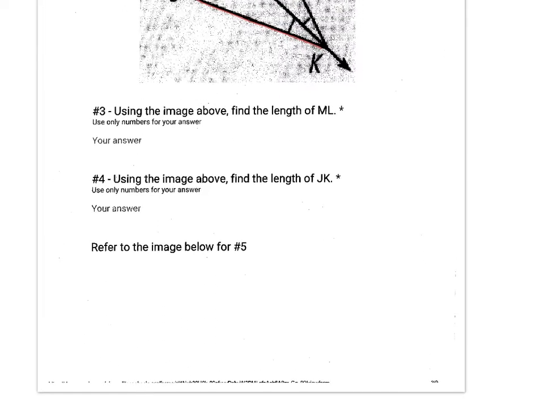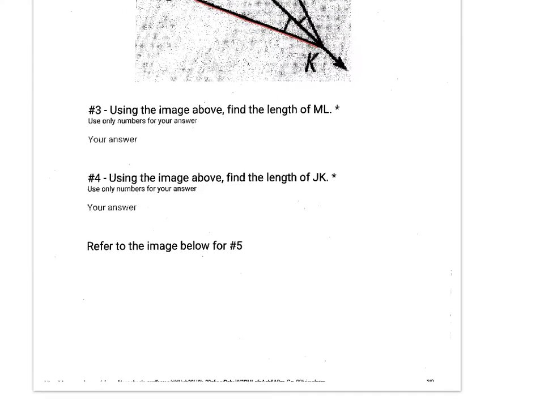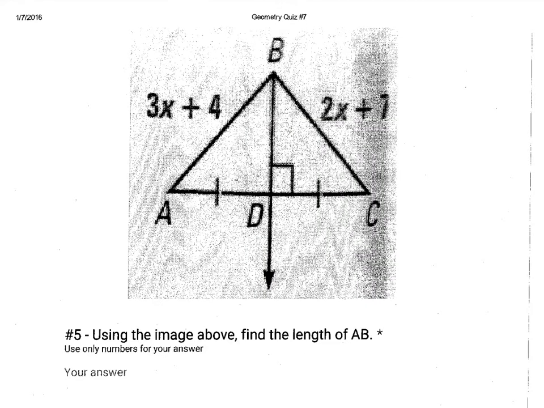Number 5, again, we're going to look at the image on the next page. So here's number 5. We want to find the length of AB, A to B. Now notice you're given what part of this is algebraically, and you know what this other side is. That looks like a 7 right here.